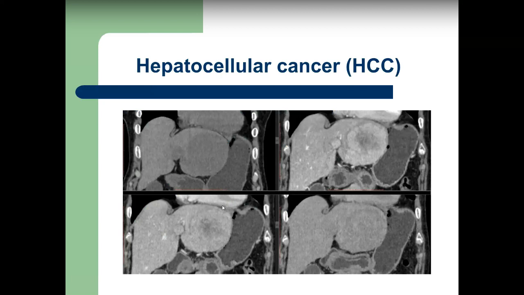Then it has an extremely high, non-homogeneous density. It's hyperdense at arterial phase. Then there is a washout effect, so it becomes hypodense at delayed phase.